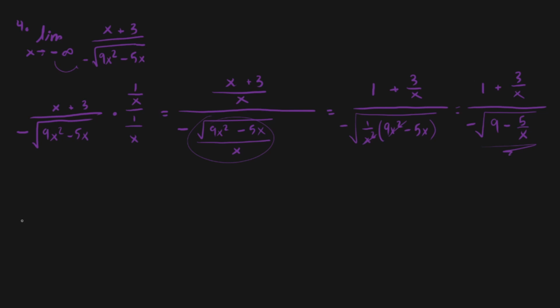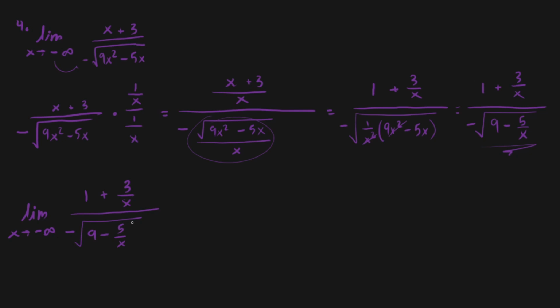So the limit as x approaches negative infinity of 1 plus 3 over x all divided by the negative square root of 9 minus 5 over x.